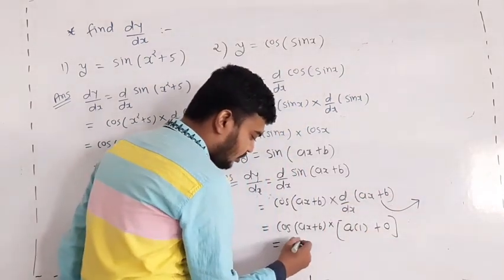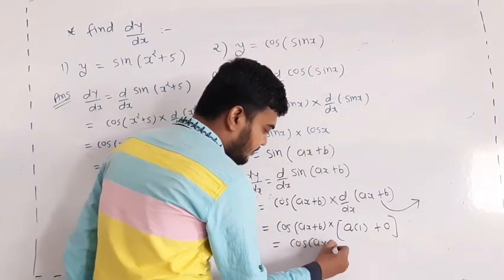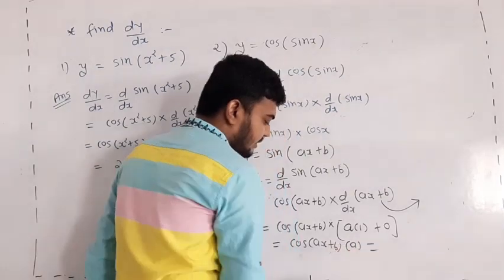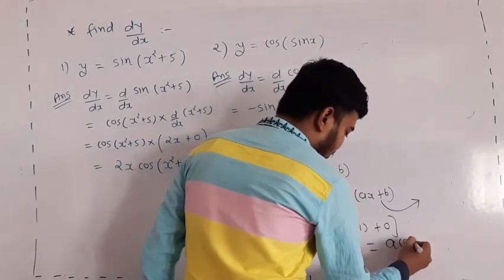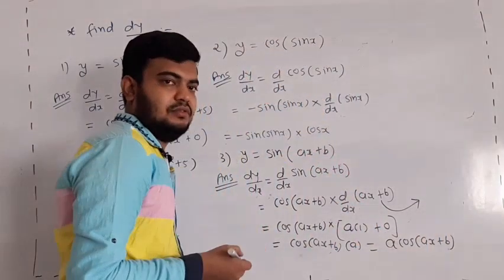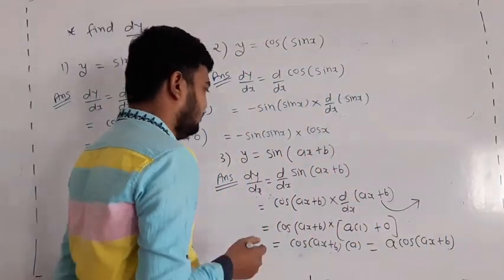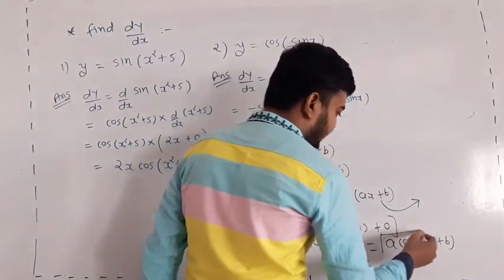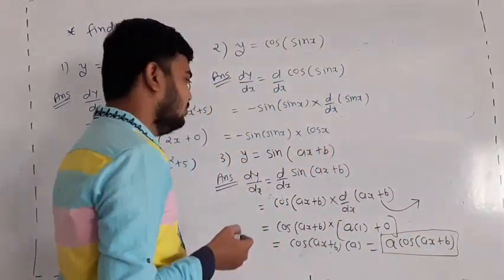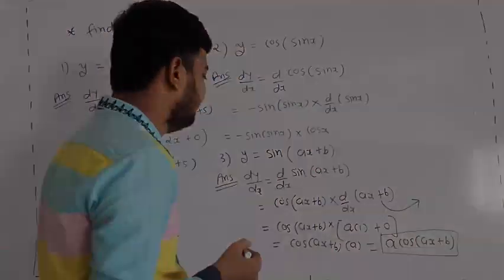So the answer is cos of ax plus b, a into 1 plus 0 becomes a. So the final answer is a cos of ax plus b. I hope you are getting this answer, how it comes. Okay beta. Now move towards the next example.